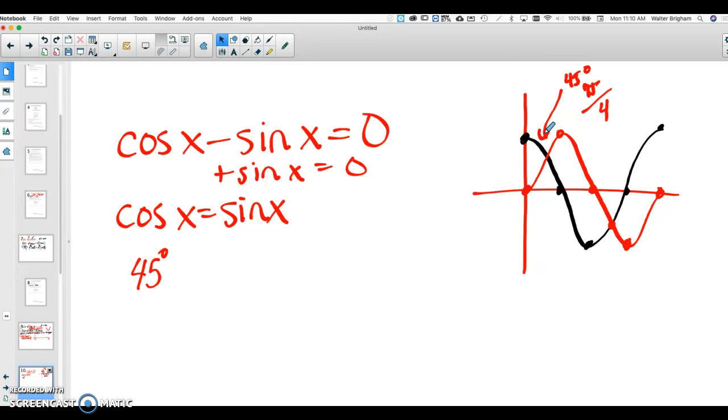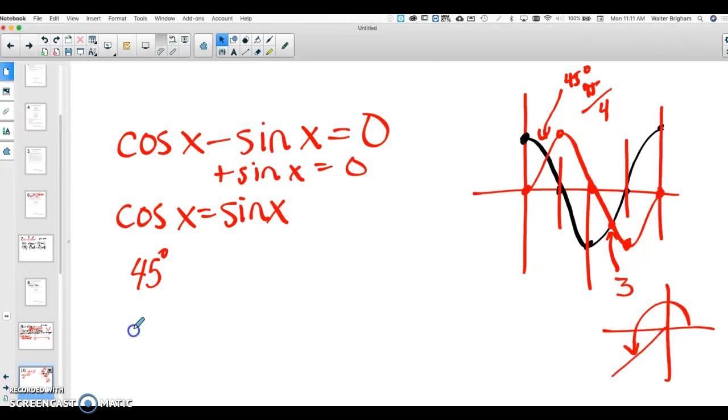Or here, which is actually negative 45 degrees. I want to make sure I was careful about what I said. That's pi over 4. Also the same in quadrant 3, 45 degrees into quadrant 3. So there's 145, 245, 345, 445, 545's in.